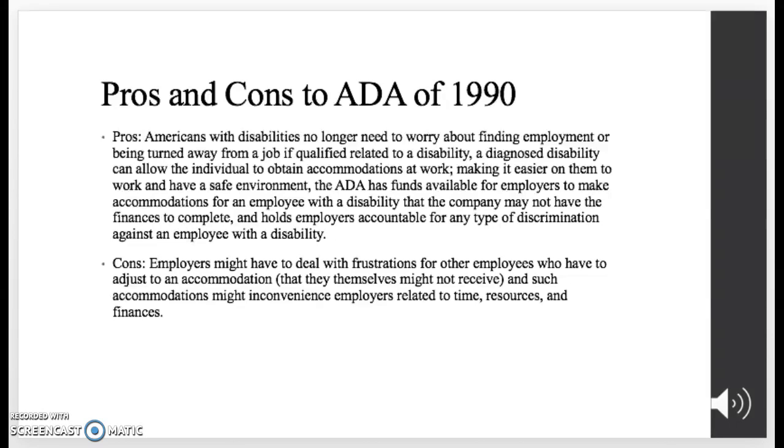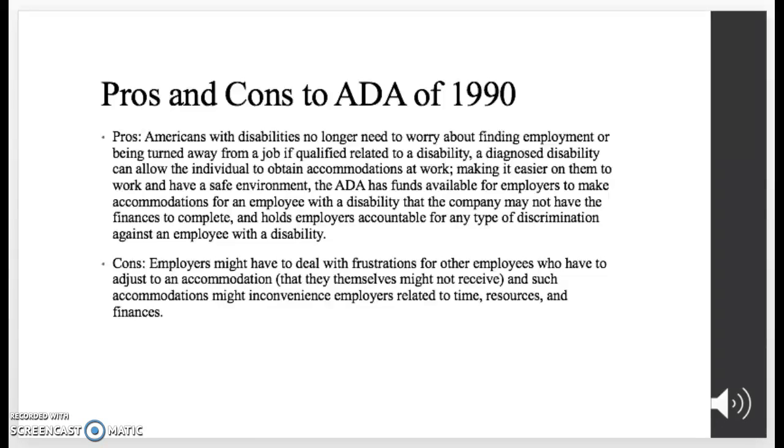The Americans with Disabilities Act has funds available for employers to make such accommodations for an employee with a disability. And employers also are accountable for any type of discrimination against an employee with a disability, whereas this might not have been the case before the Americans with Disabilities Act was signed in 1990.